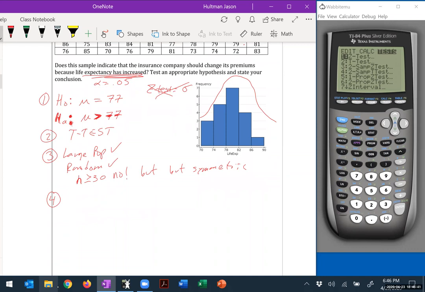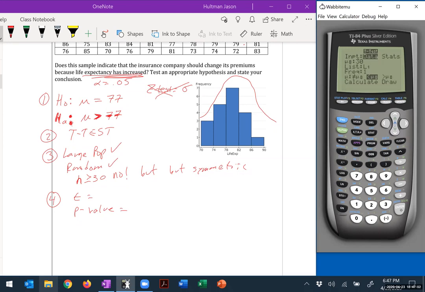We're going to have the calculator calculate the t-score and the p-value. So I'm going to go to test, t-test, and in this case, we're going to go to data.